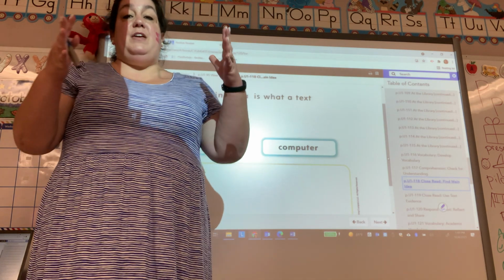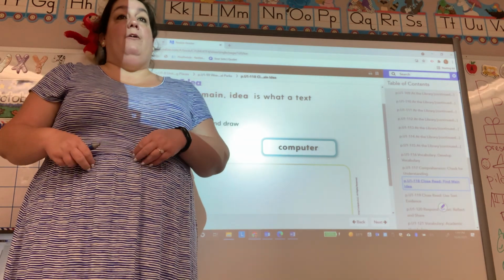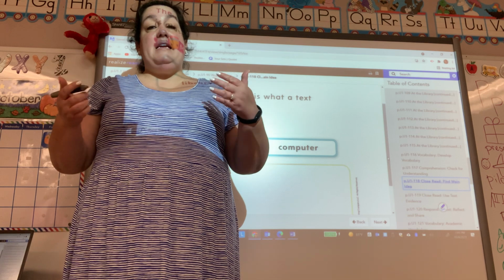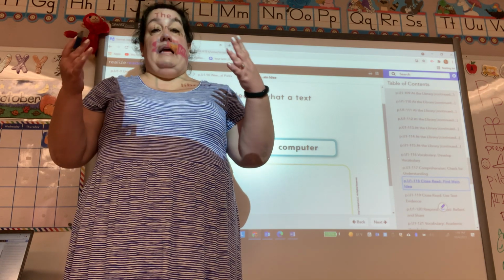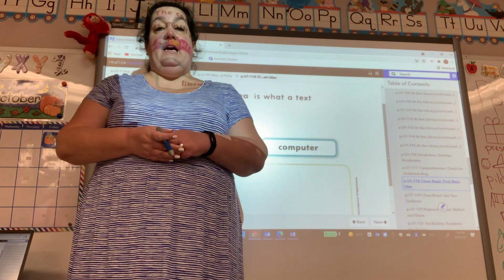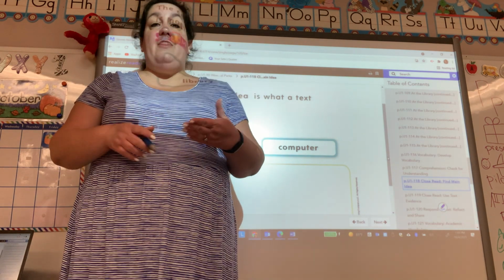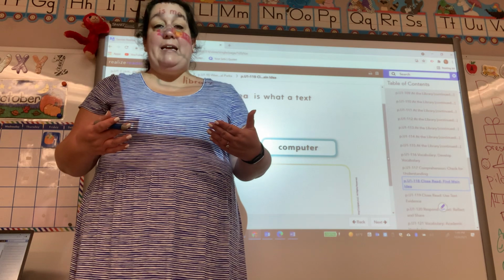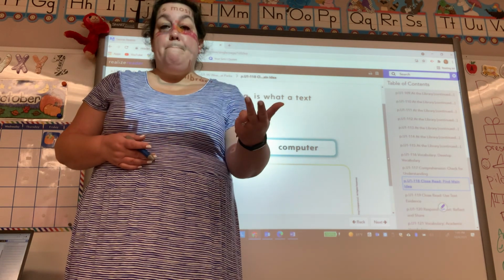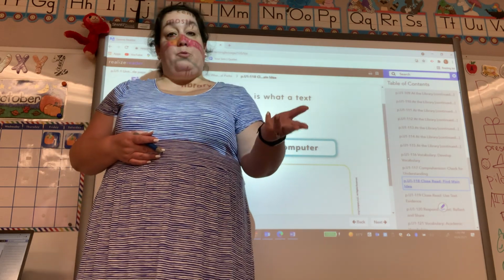Those were all the things that made up the playground. Well, in our story at the library, that's the same thing, right? The main idea was that the library was such a special place to go. So the library was the main idea. And all of the details that told us what made the library great were things like computers, books, movies, librarians.